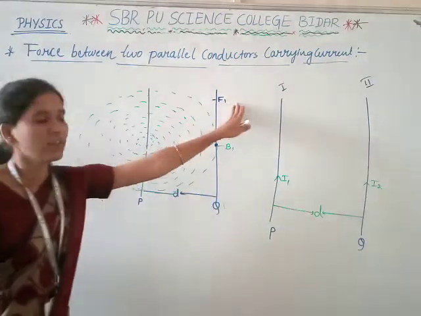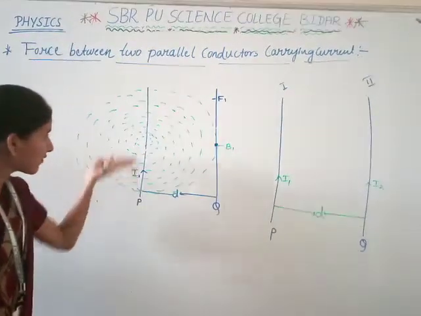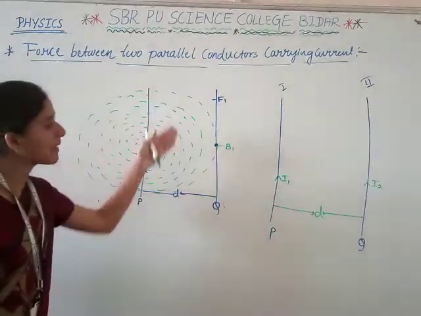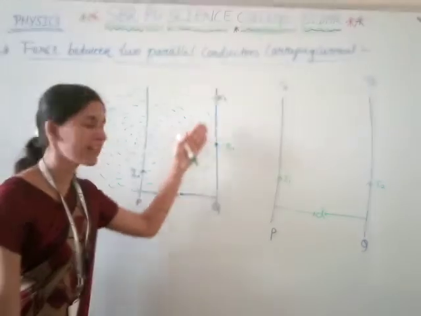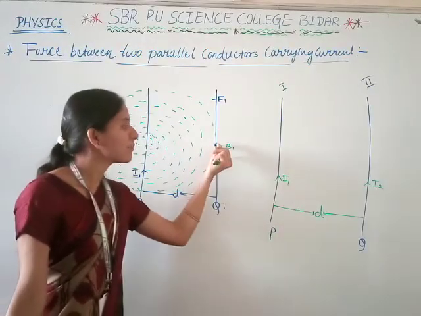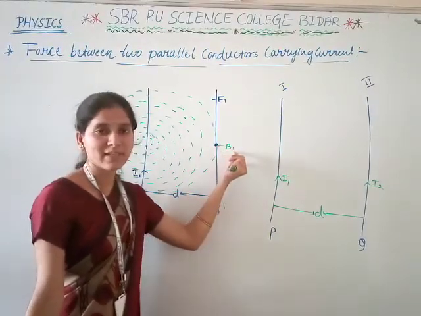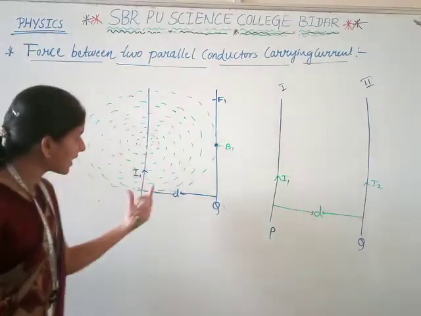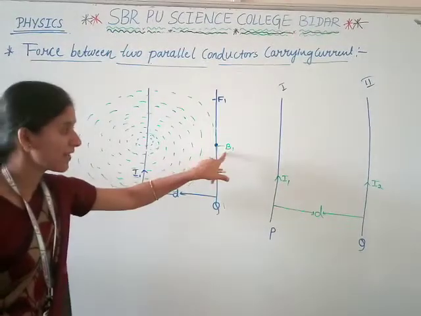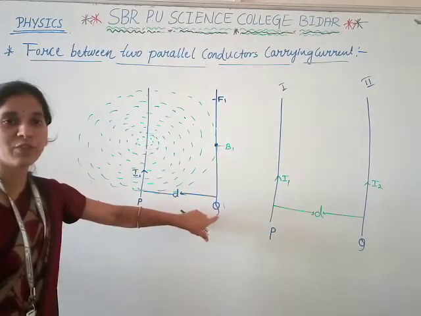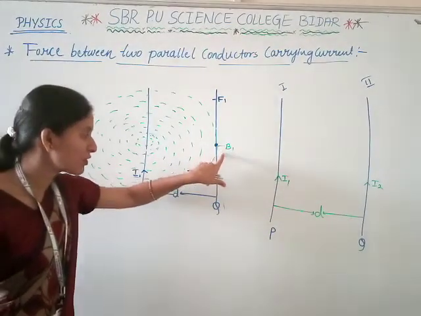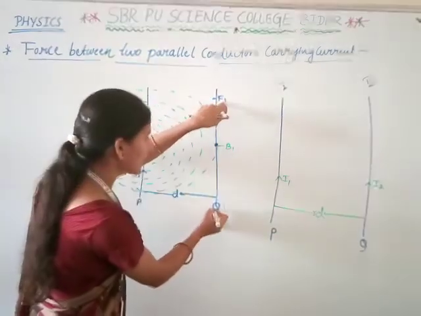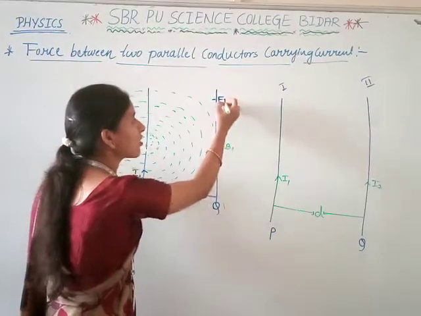When the current is flowing through conductor P, it produces a magnetic field along conductor Q, named B1. Because of this magnetic field, conductor Q experiences a force, called F1.